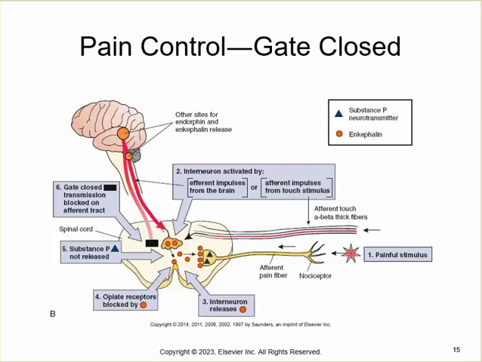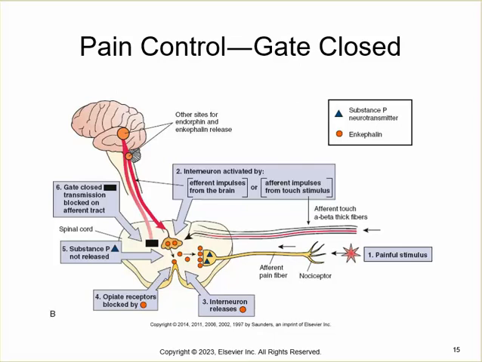And what that's doing is it's stimulating the touch receptors and the afferent touch fibers that cause the interneurons in your spinal cord at that same level, in that same dermatome, to release the enkephalins to block the substance P and close the gate to your perception of pain.